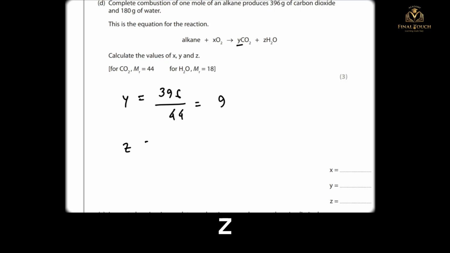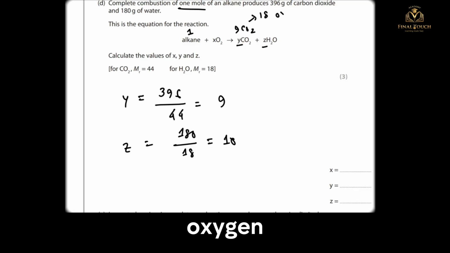For z, it's for water. The mass is given 180. The Mr is 18. That would be 10. So since alkane was mentioned, it was 1 mole. This is 1 mole of alkane. So here we have carbon dioxide. So for oxygen, so this is 9CO2. So we have 18 oxygen atoms and zH2O.